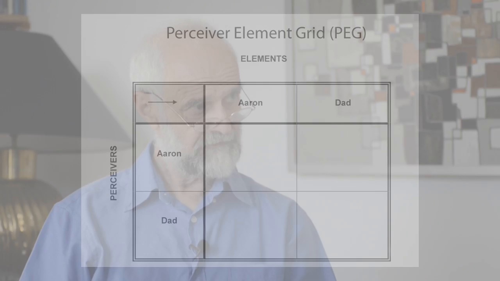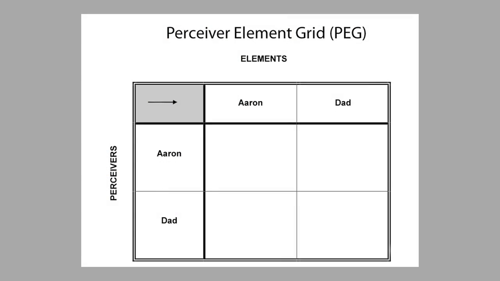That's right. Stephen Stewart was the researcher, and the example I'm going to choose is a boy called Aaron, who I think was 12, and he interviewed Aaron with his father. Each of them were given one of these perceiver element grids, PEGs. The interviews were videoed. They then discussed what they'd written, and that was videoed.